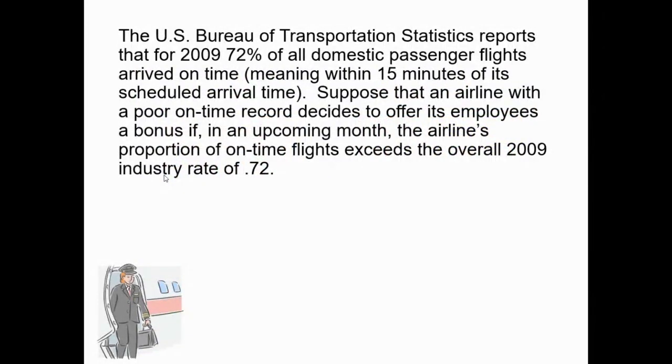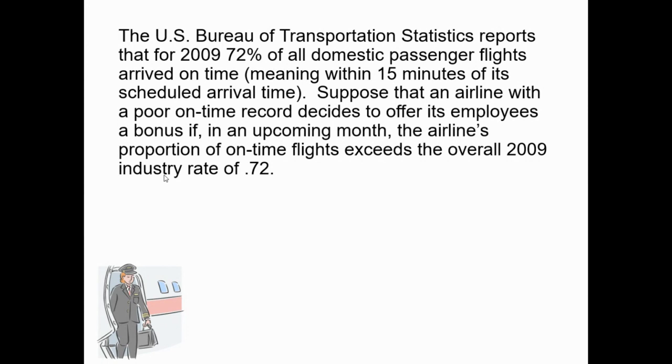Let's look at an example. The U.S. Bureau of Transportation Statistics reports that for 2009, 72% of all domestic passenger flights arrived on time. What they're calling on time is within 15 minutes of the scheduled arrival time.